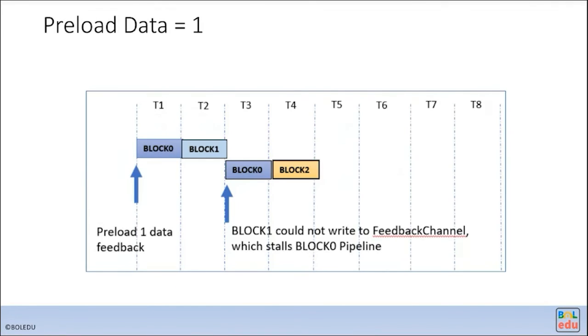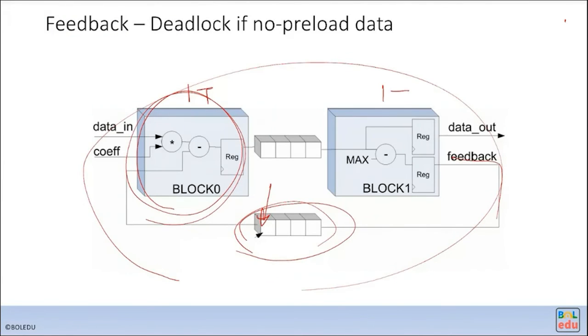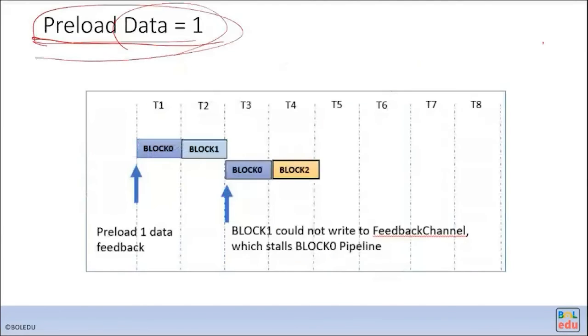In this case, you preload the feedback FIFO with 1. This one has 1 cycle latency, and each one has II equal 1. Let's say we preload 1 data here.